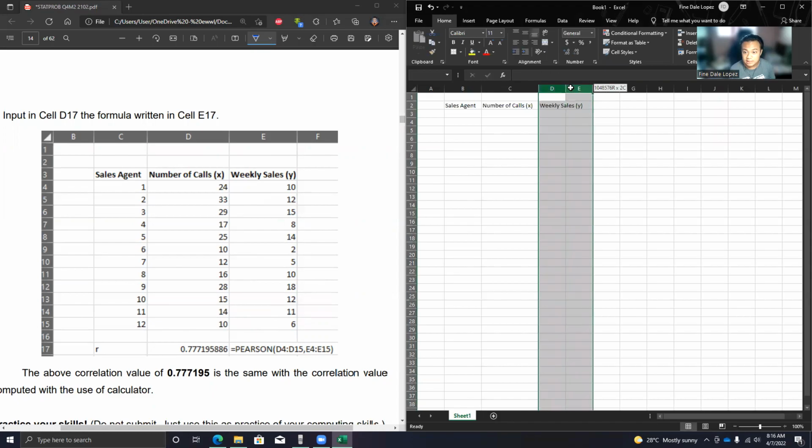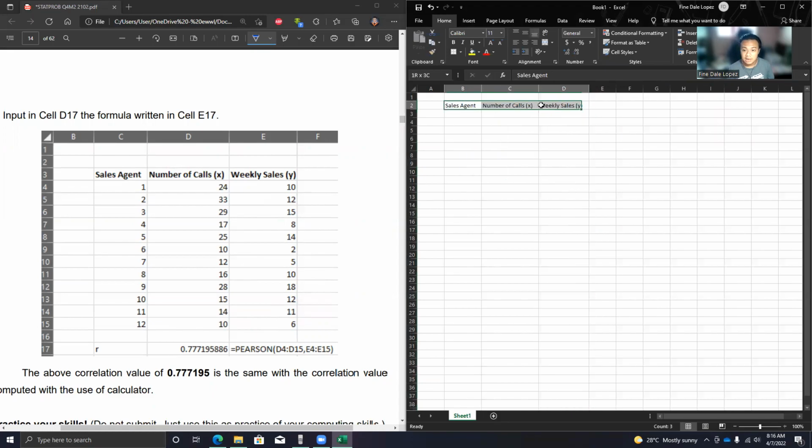Okay, because this quarter kay heavily reliant on device. Okay, so 1, 2, 3, 4. So I just have to show you a little trick here. I-highlight ninyo and then drag paubos until mukha nito. Okay, so yan na siya.